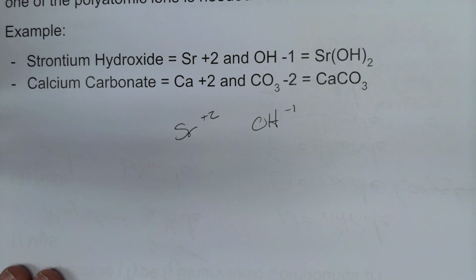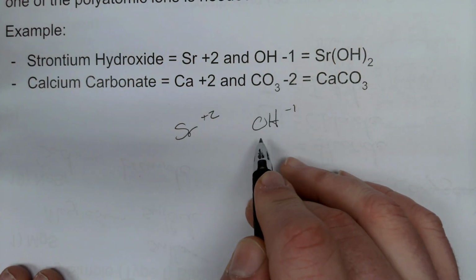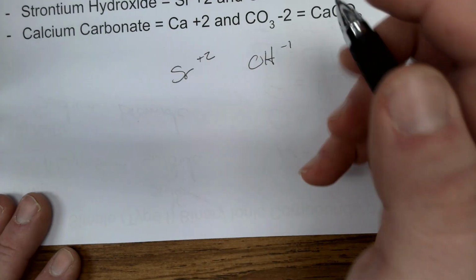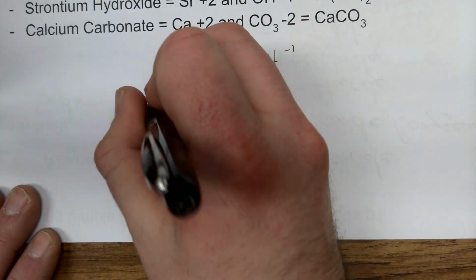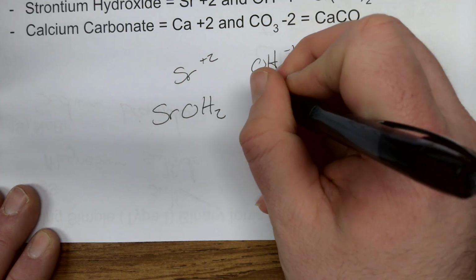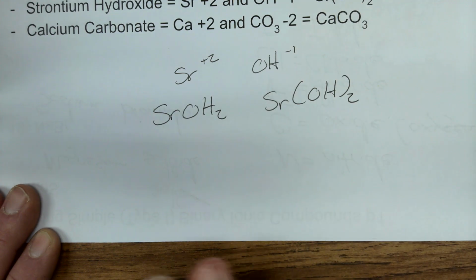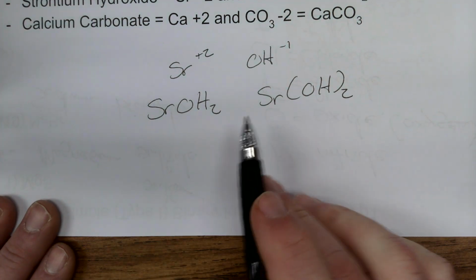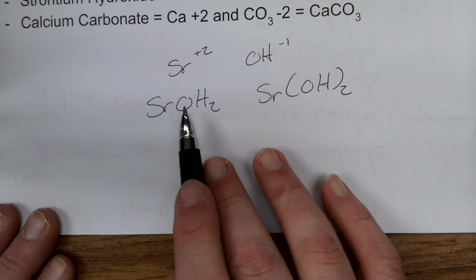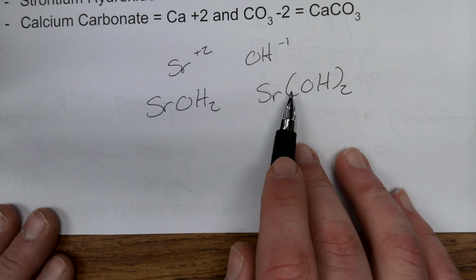Now, I know that I need to have 2 OH groups to cancel out that strontium charge. So I'm going to ask you a question. Do you think I'm going to write it this way? SrOH2 or Sr parentheses OH2? Which one do you think is the right way to write strontium hydroxide? 1 or 2? 2.